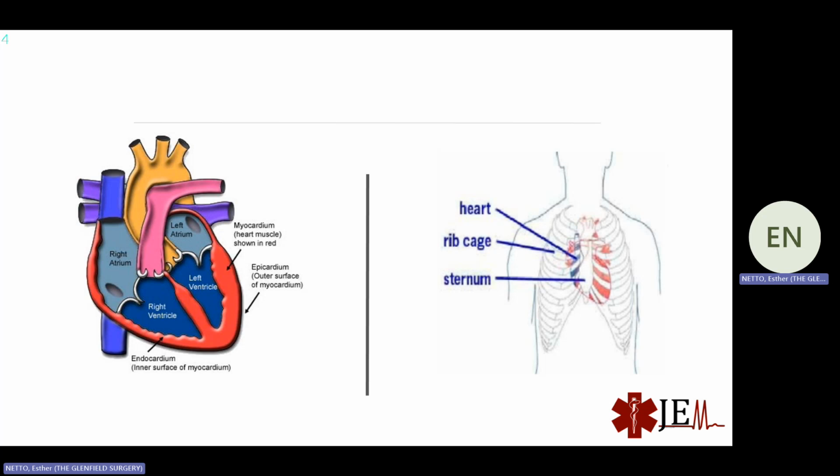Surrounding those ventricles and atria is a layer of muscle. It's that red layer that you can see in this picture on the left. And that's what's called the myocardium, which is the heart muscle. You may know that the heart's job is to pump blood around the body, and therefore it's really important that it has a strong myocardium so that it can contract and pump blood efficiently around the body.